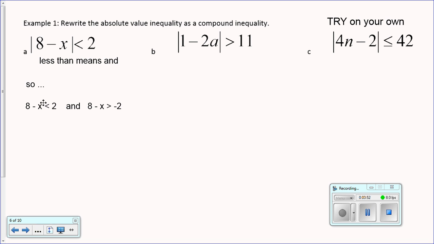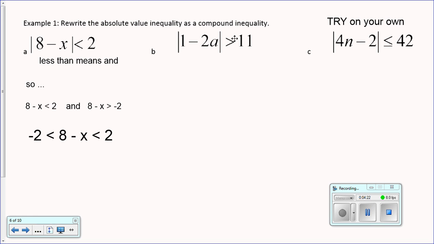I'm going to drop the absolute value symbols, keep the less than symbol, and keep the 2. For the second one, I'm going to keep what's inside the absolute value, 8 minus x. I'm going to flip the sign to be greater than, and I'm going to change the 2 to negative 2. Okay? Because it's an and statement, I need to put the word and in there, or I could just combine them into one big inequality. Either one is acceptable.